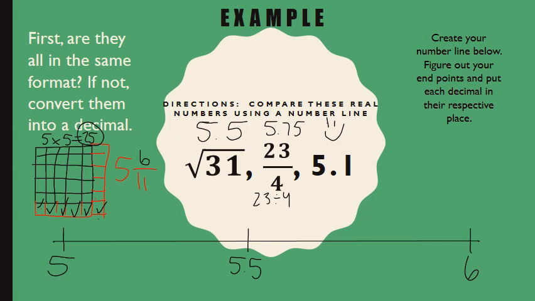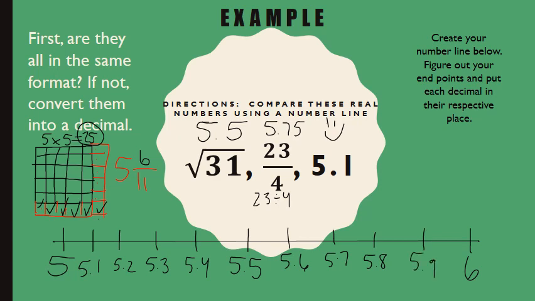Then I'm going to put on here 5.2, 5.3, 5.4, then we have 5.5, 5.6, 5.7, 5.8, and 5.9.